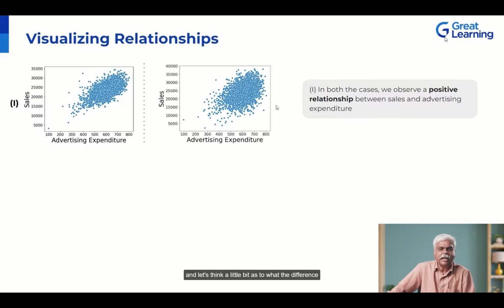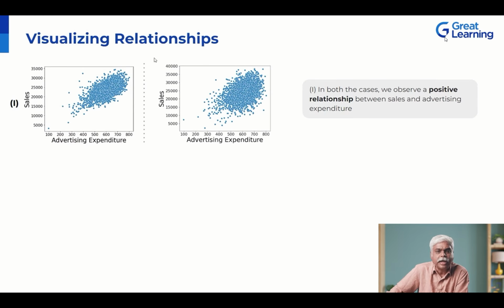And let's think a little bit as to what the difference is between the two of them. They both have a positive relationship, but there's something that says I should have more confidence in the situation of sales related to advertising on the left than on the right. The right seems closer to the no relationship situation.